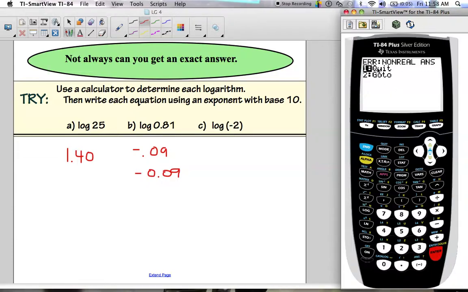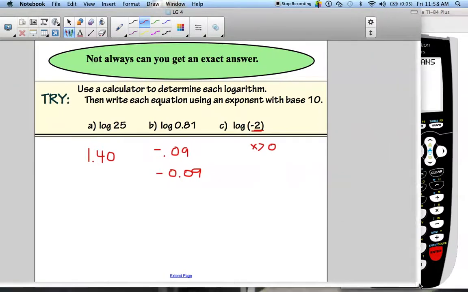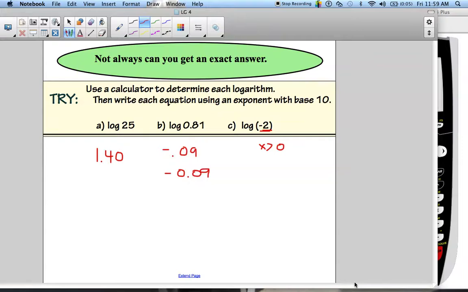Because remember back before, the argument, we'll call x, has to be greater than 0. So it's not. So that's why there is no answer. So just watch out for those because they'll pop up. Okay, so let's slide to the next.